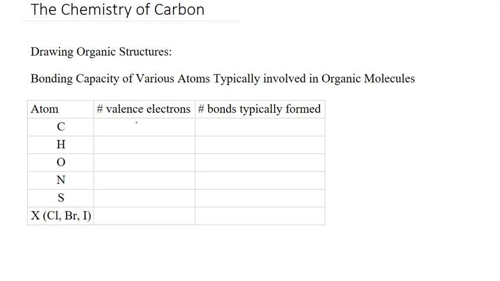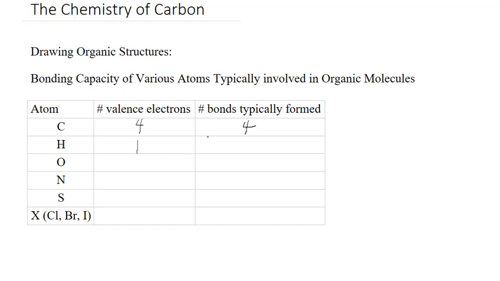So one of the key ones is carbon. Carbon has 4 valence electrons, and so looking for an octet, that means that we would typically form 4 bonds in carbon. So when we're looking at organic molecules, we are always going to be making sure that carbon has 4 bonds.